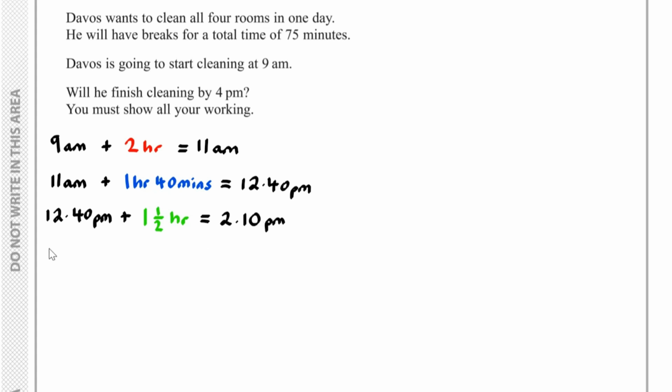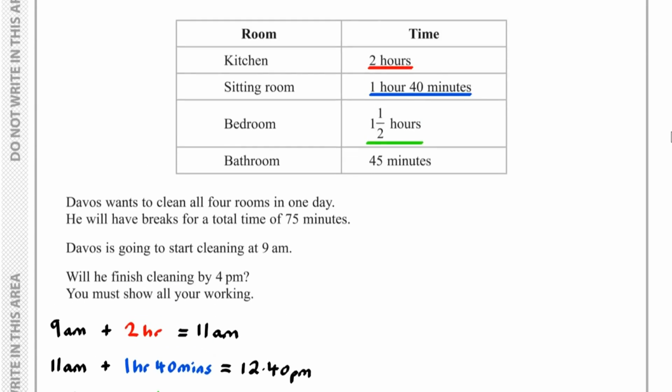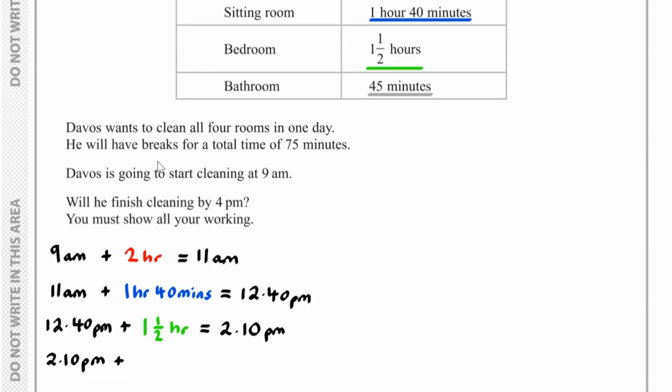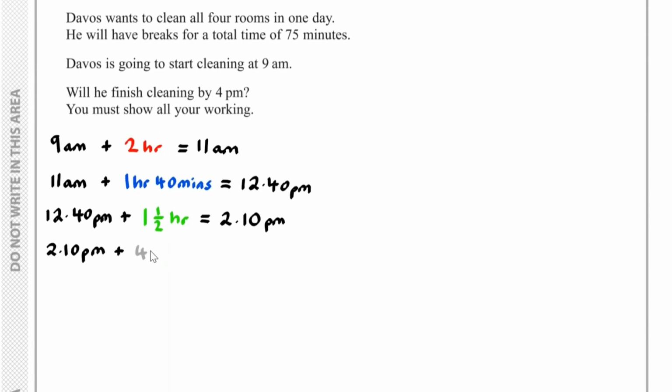And then we're at 2:10 PM, and then we need to clean the bathroom, which takes 45 minutes. So the time we finish cleaning the bathroom will be 2:55 PM.